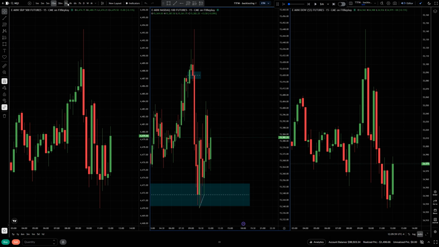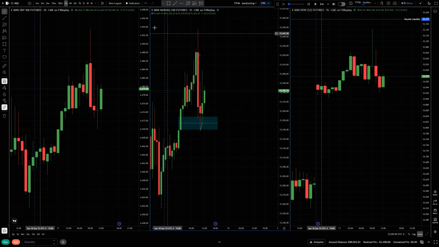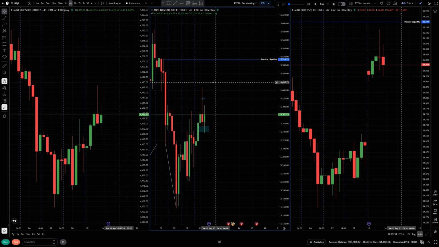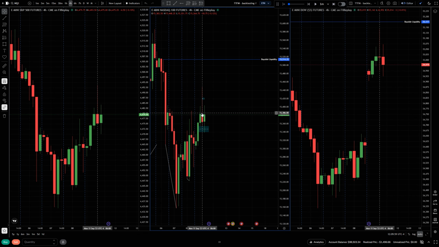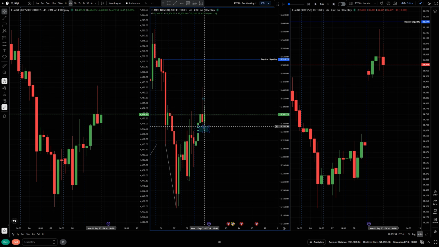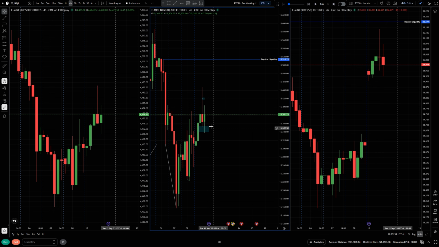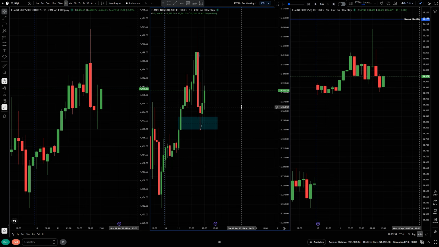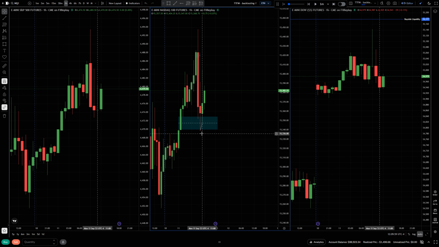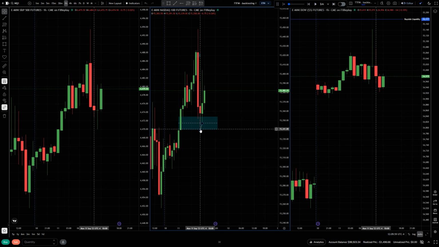Let's see it again from the higher time frames. So what do we have? We don't have anything really on a 4-hour chart. On a 1 hour, what do we have? We have SMT and PSB.